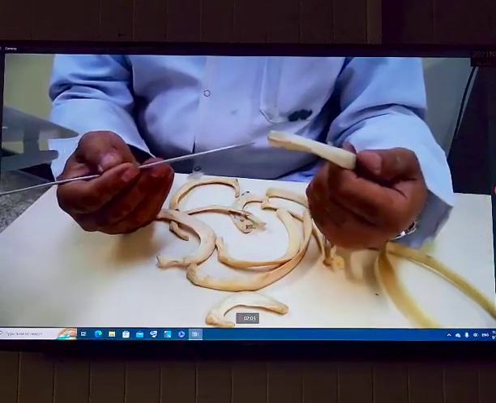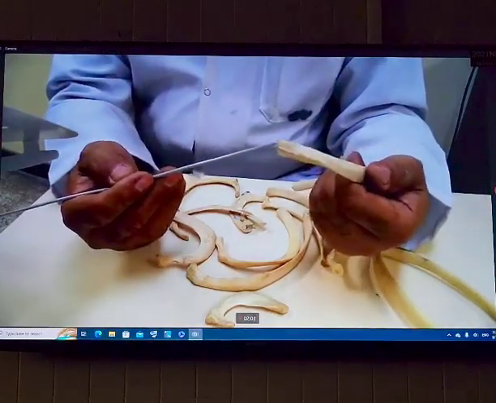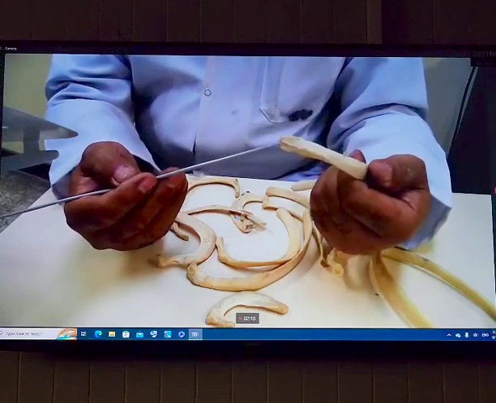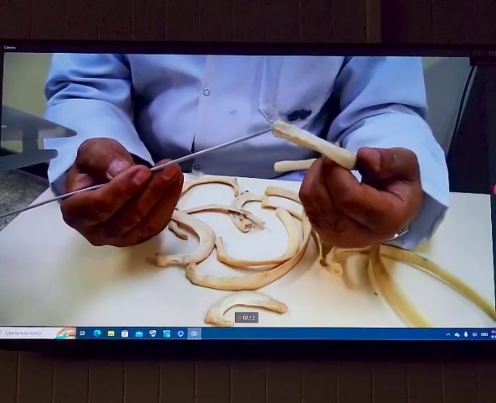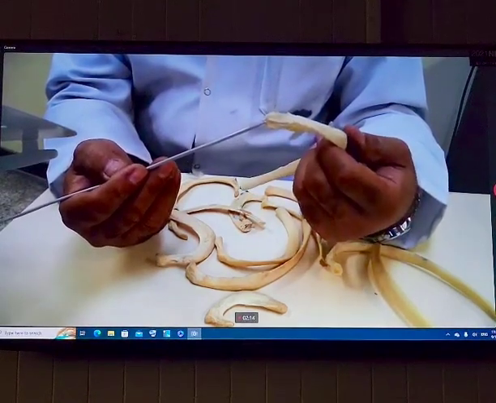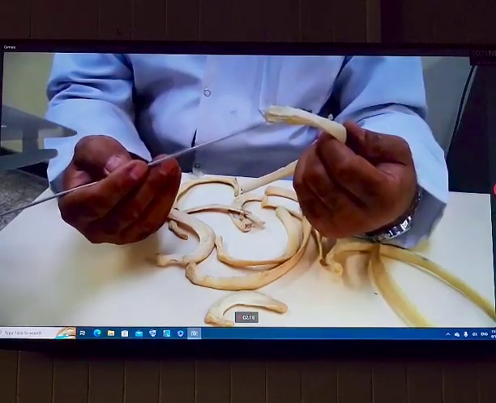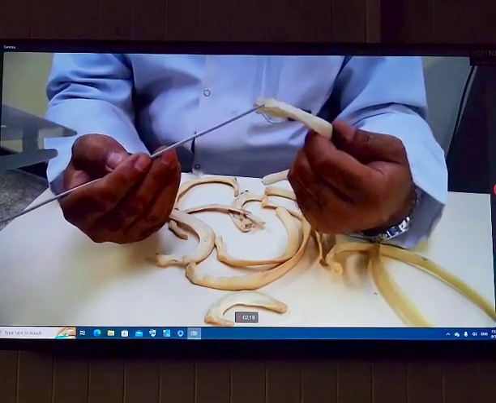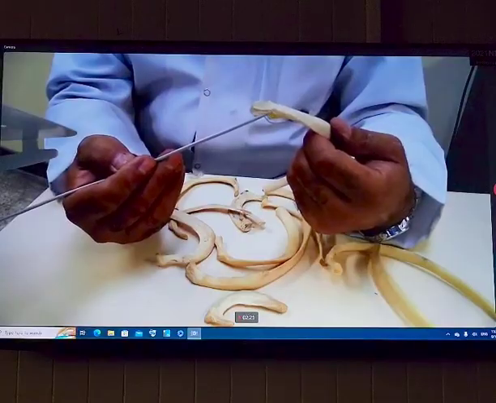Second, the typical rib has a posterior end, and this posterior end is made of three parts: the head, the neck, and the tubercle.